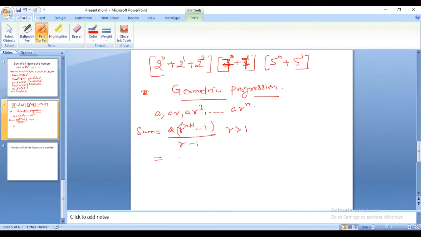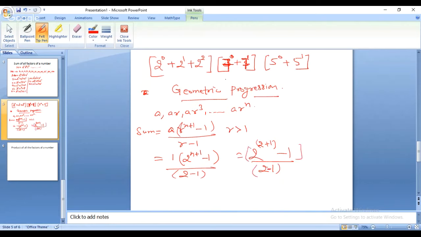So we will put the formula in for 2. We will get 2 to the power n plus 1 minus 1 upon 2 minus 1; here n is 2, so 2 to the power 2 plus 1 minus 1 upon 2 minus 1 would be the answer.